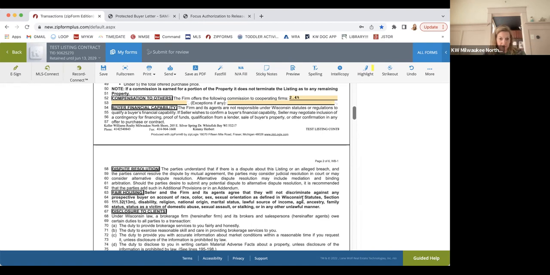So that will all be addressed in the offer to purchase, but as listing agents, of course, when we're receiving offers, we're making sure we're receiving those pre-approval letters, for example, along with the offer to purchase.